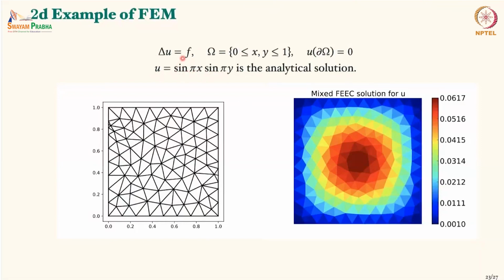It's going to be something like some pi square times sine pi x, sine pi y, or something like that. Okay, you can write it down. It's not important. But if this is the true solution, I can compute the Laplacian and obtain a right-hand side and use this black box idea, if you want, of solving this problem.